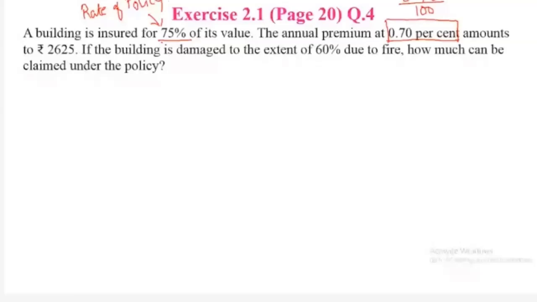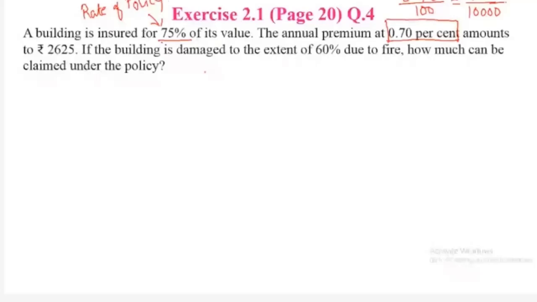If you want to remove the decimal point, then different aspect. Right now let me write 0.70 upon 100, which is equal to 70 upon... point niकालna hai to yes, we'll do that later.